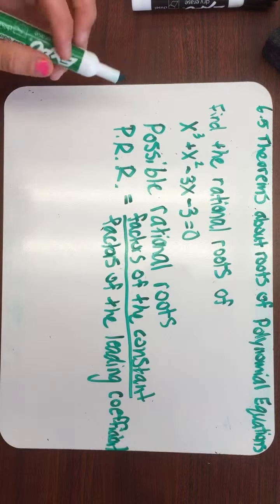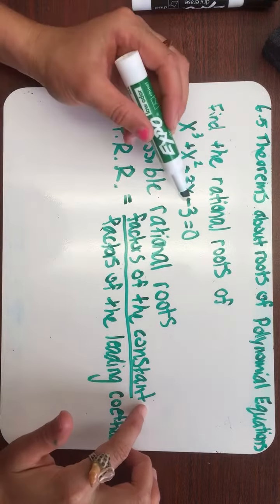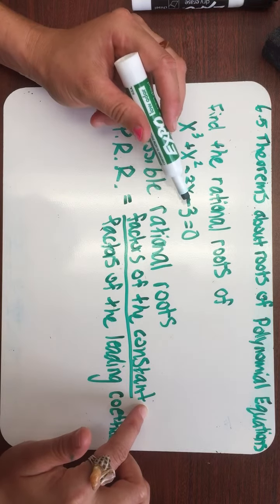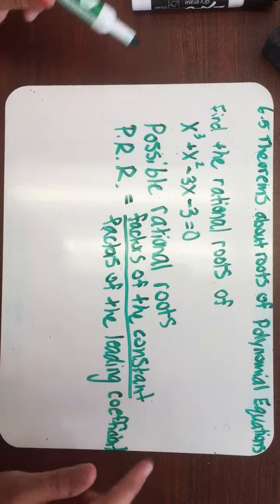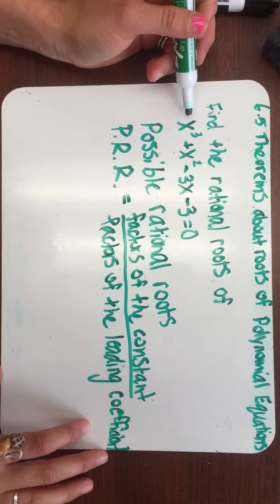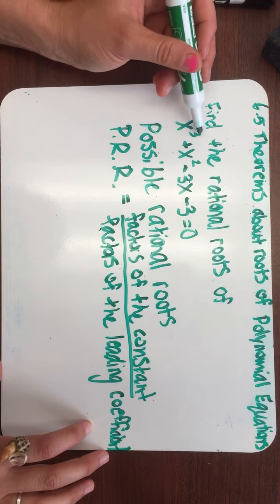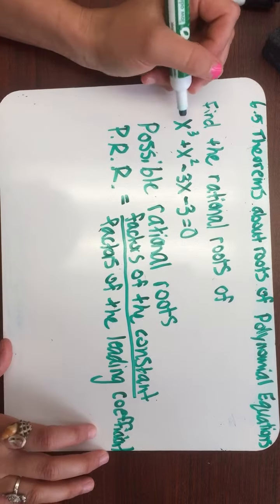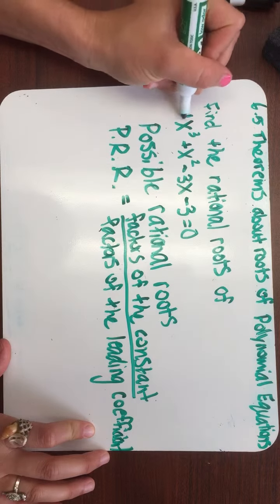So we know that the constant term is the term that does not have a variable with it. So in this case, it's -3. And the leading coefficient is going to be the number in front of the variable with the highest degree, or the highest exponent. So in this case, your leading coefficient is a 1.